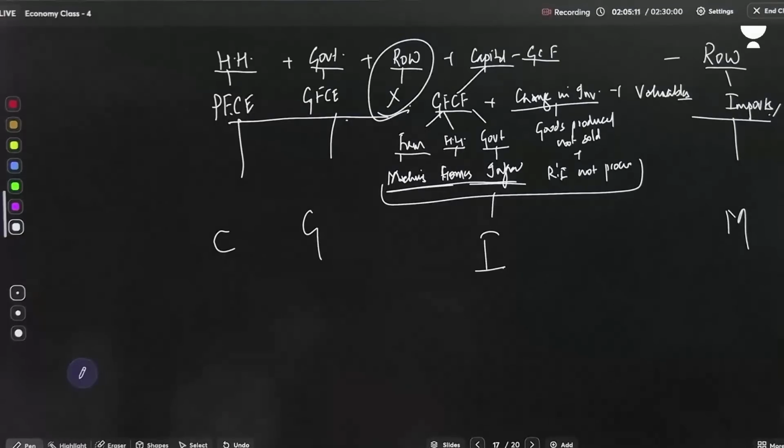Are all of these terms clear? Any doubts in this? It's not a consumer good. It's a valuable. It's more of a capital only. Consumption कैसे है वो?